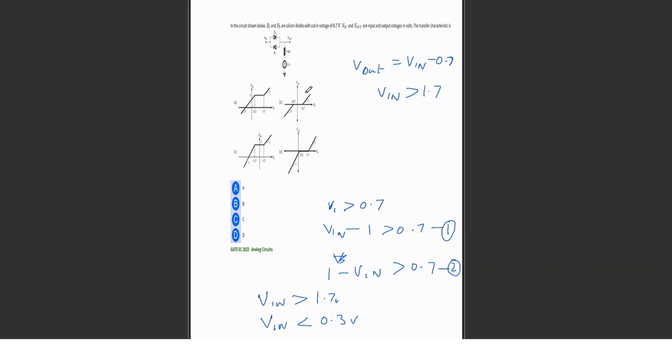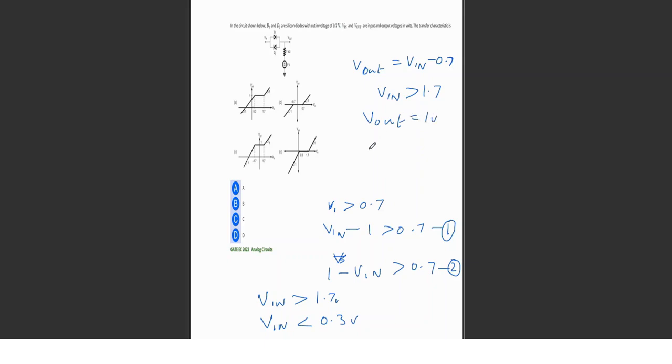So the output voltage will be V in minus the drop 0.7. And when V in is less than 1.7 but greater than 0.3 volt, then both D1 and D2 will not conduct and output V out will be fixed at 1 volt, which is the battery voltage.